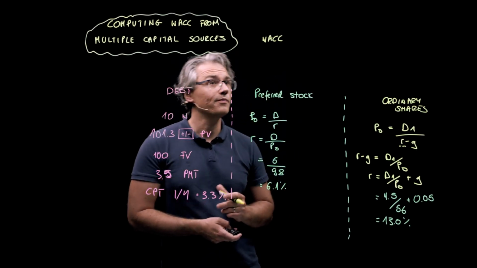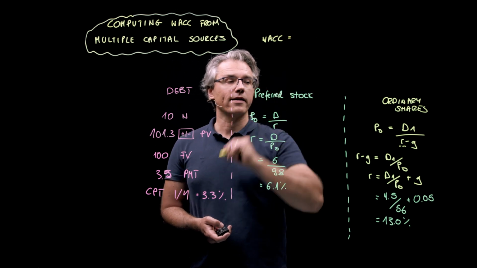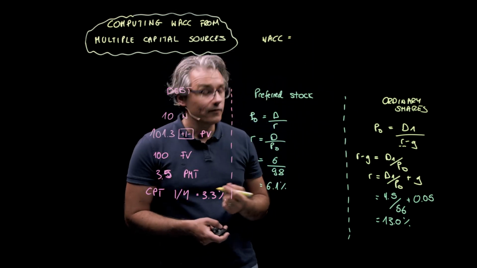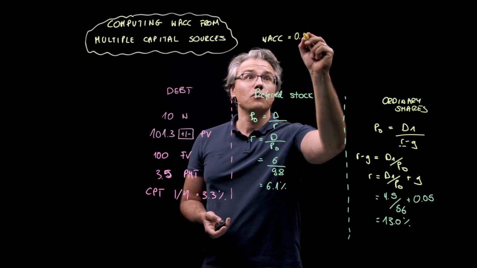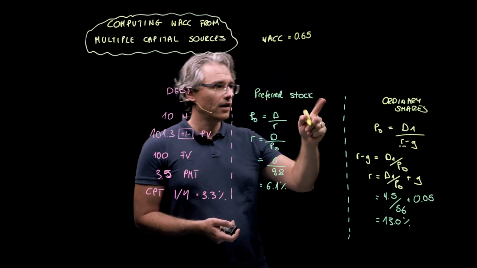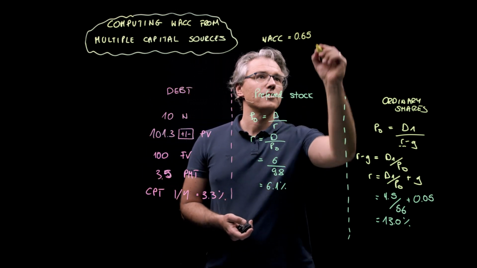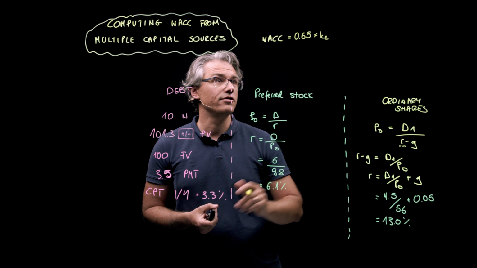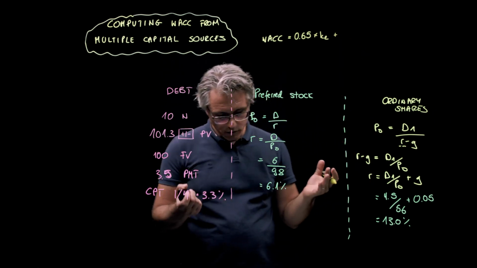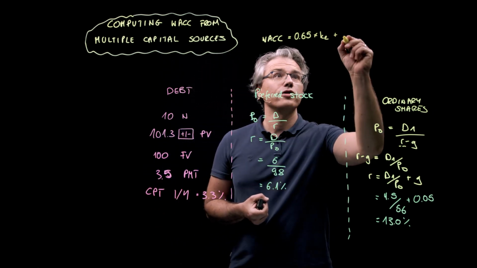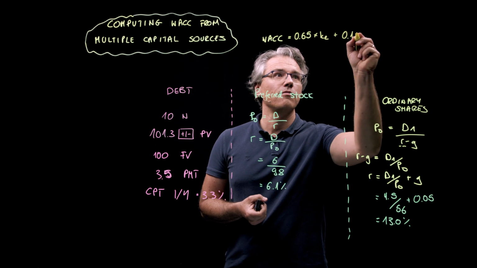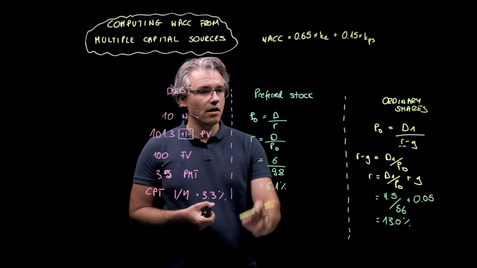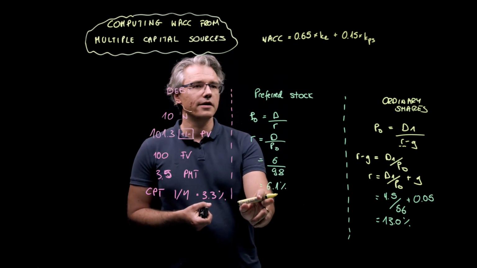So I could write that WACC equals 0.65 to reflect the 65% weight for the company's ordinary shares times the cost of equity, i.e. the cost of ordinary shares, plus the weight for the preferred shares, 0.15, times the cost of preferred shares, which we had over here.